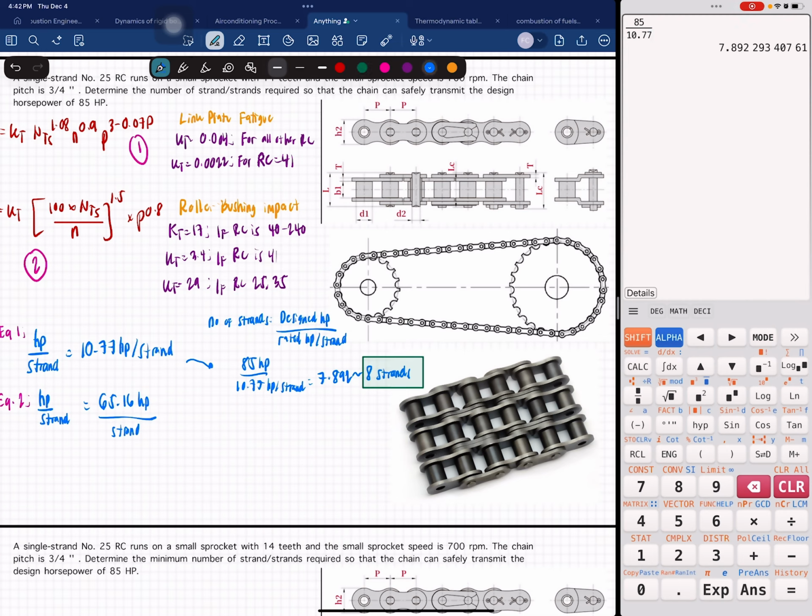So how about using our equation 2? We have 85 HP over 65.16 HP per strand. It is simply 1.304 strands, approximately 2 strands, because we can't have decimals on the strands again.